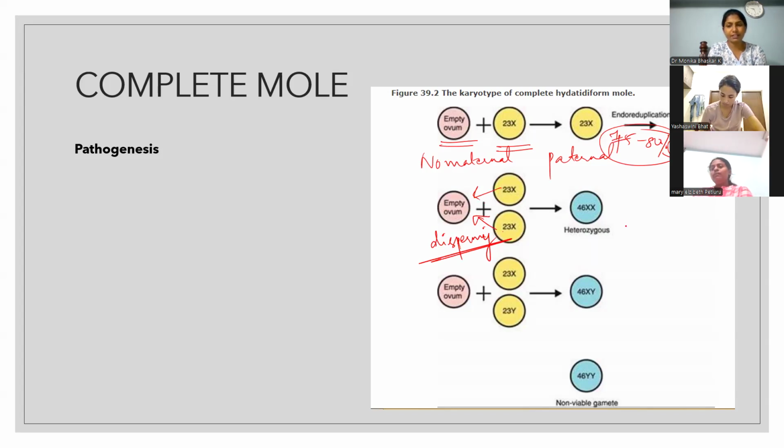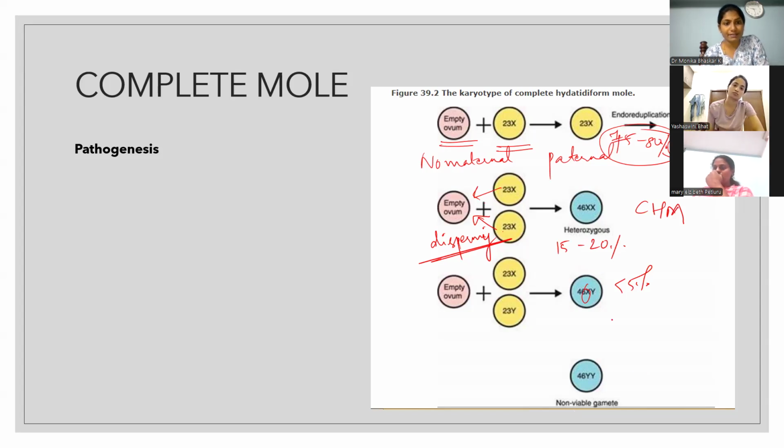So this also will lead to a complete hydatidiform mole, and this is around 15 to 20%. And if there is an empty ovum fertilized by a sperm, XX or XY, whichever the sperm is, this is less than 5%. And usually YY will not be a viable pregnancy. X is required for survival. But 46YY is a non-viable gamete, so that will not fertilize.